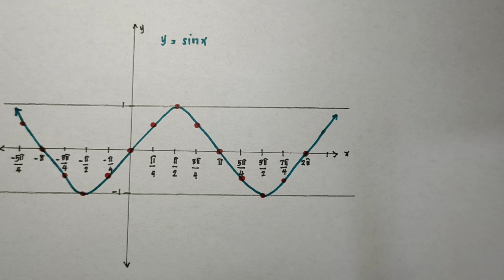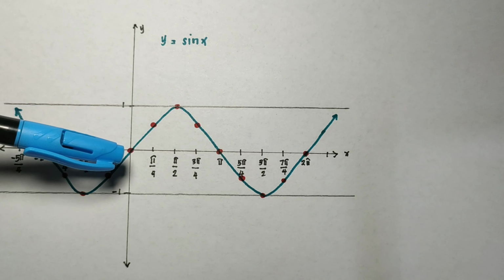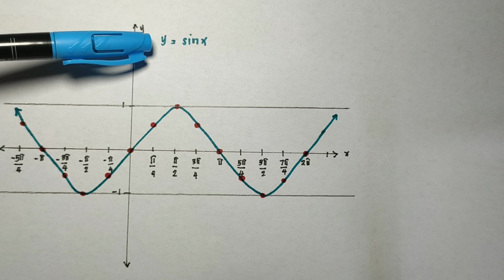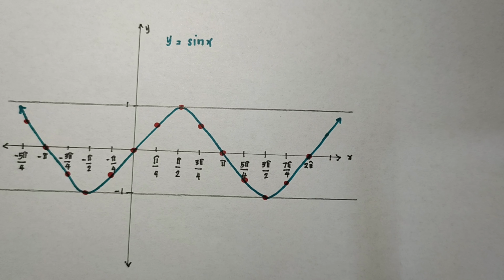Having now the graph of y equals sine x, can you determine if the given function is a one-to-one function or not? We can do that by simply looking at the graph. In our previous lesson, when we say one-to-one function, the graph will pass the horizontal line test and the vertical line test.